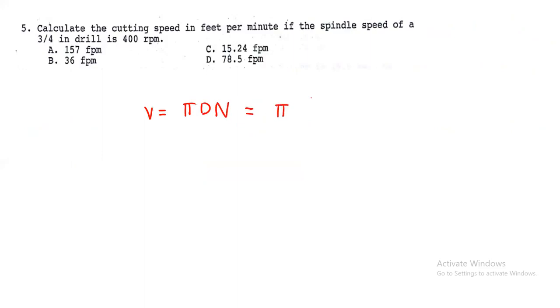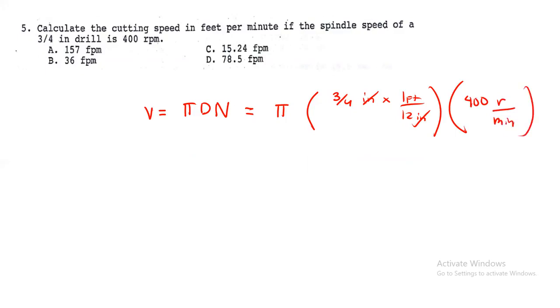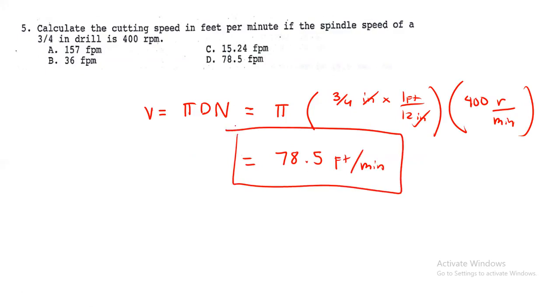So pi times ilan yung diameter natin? 3/4 inches, times 1 foot per 12 inches, then times N, 400 revolutions per minute. So equal yan sa 78.5 feet per minute. So letter D.